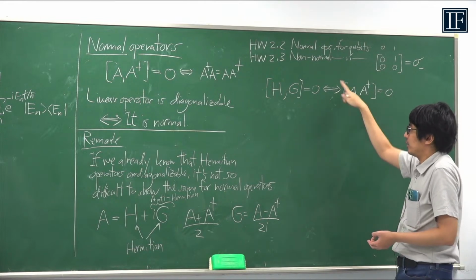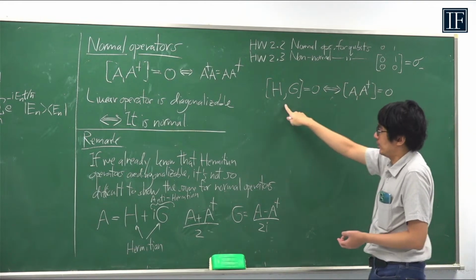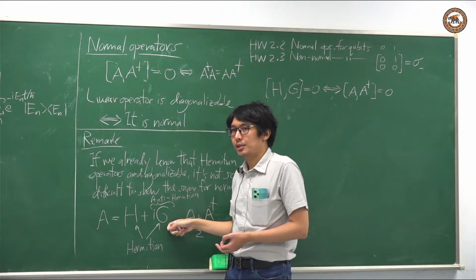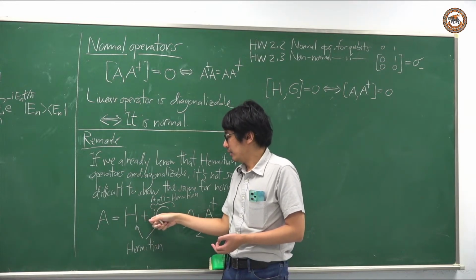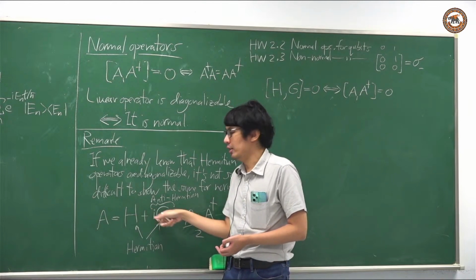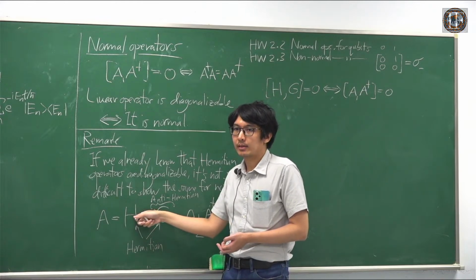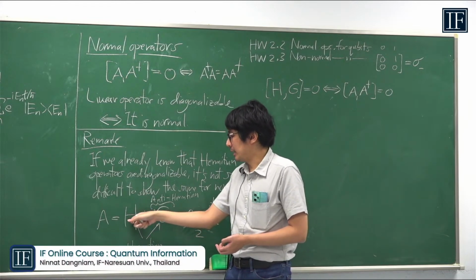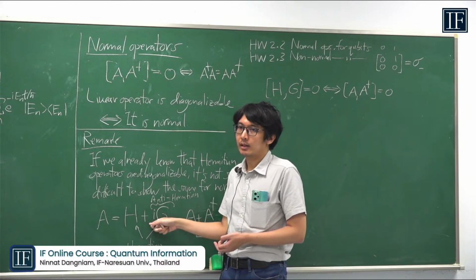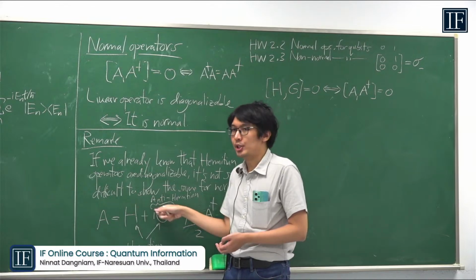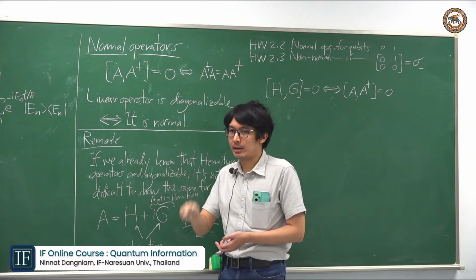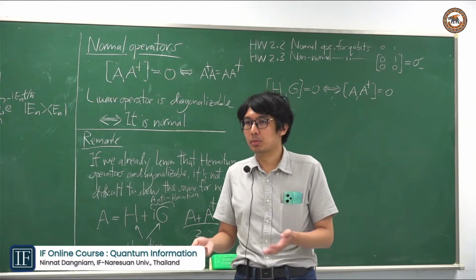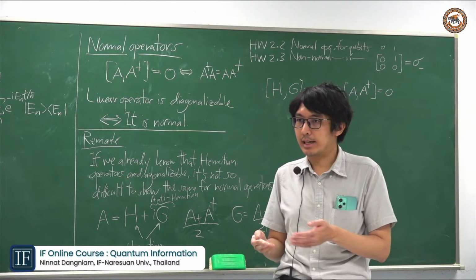And because of this if and only if condition, it means that the real and imaginary parts also commute. Since both of them are Hermitian, you can diagonalize both of them. In particular, because they commute, both H and G are diagonalized in the same basis. And so that's why A, the normal operator, is then diagonalizable.